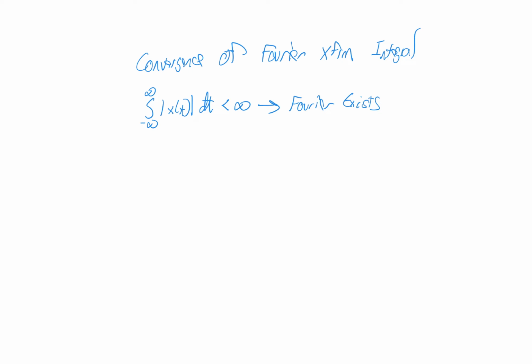So I can take the Fourier transform for any signal that meets that condition. It is not a necessary condition. We will see later in the chapter there are examples of useful signals such as x of t equals u of t that are not absolutely integrable. When I go to infinity, the area still goes to infinity. So that is not absolutely integrable, but we will show that the Fourier integral exists.